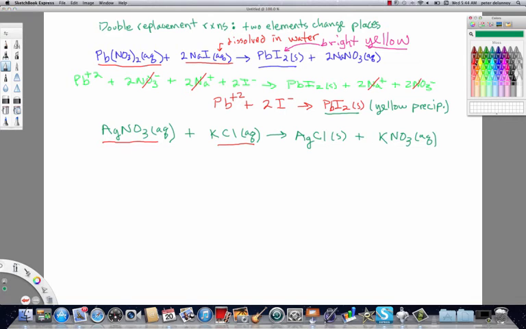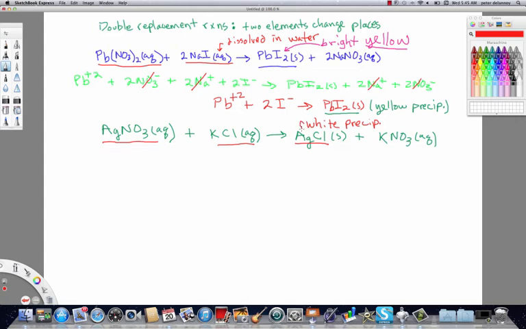Right now, this particular silver, when it combines with chloride, makes a very apparent white PPT or precipitate.